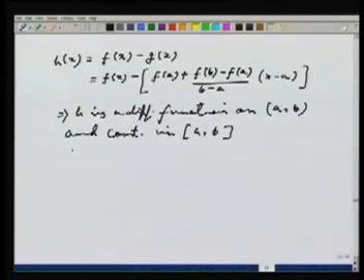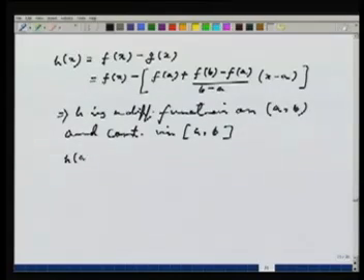Now notice what is h(a). Since h is a differentiable function, we will try to see whether it satisfies the conditions of Rolle's theorem. That means we will first evaluate h at the endpoints. So let us first calculate h(a).